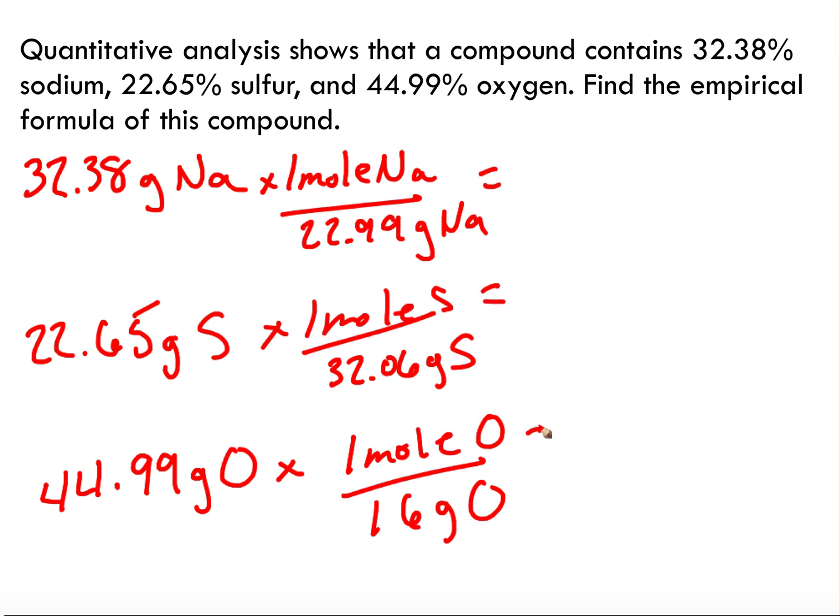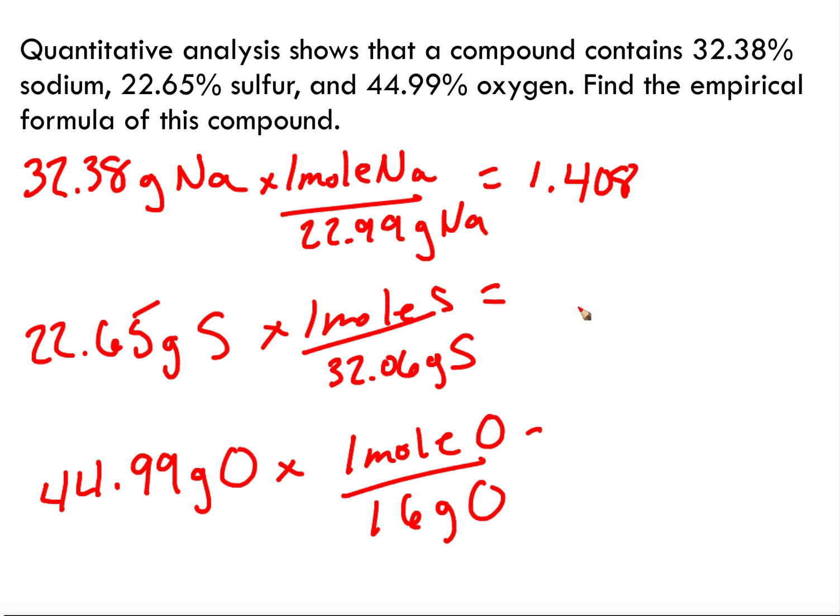So we calculate these. We have 32.38 divided by 22.99, and we get 1.408. I'm going to leave it at 3 decimal places for right now.